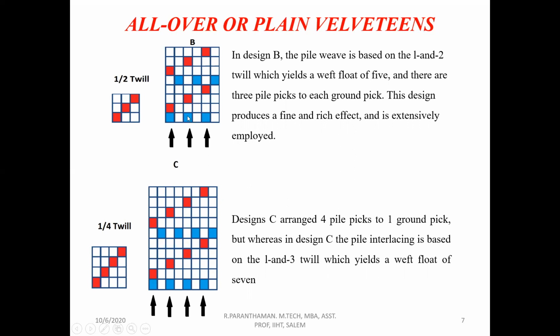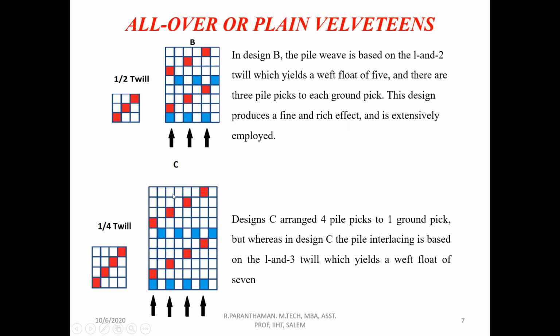So here the ratio of pile threads to ground threads is 3 pile threads to 1 ground thread, or 1:3 ground to pile ratio. The same way, the arrow marks indicate the knife action. Knife action is the cutting plane of the blade, the knife.